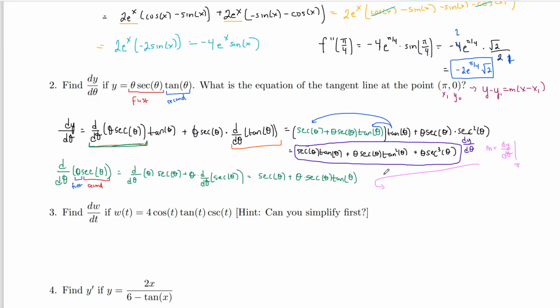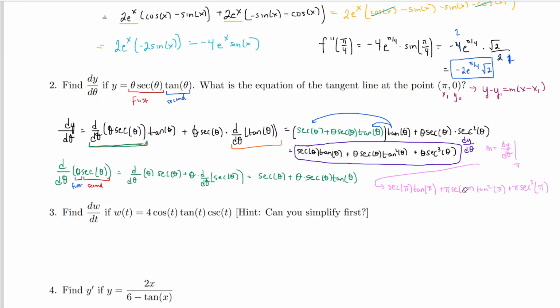We've got our formula for dy over d theta. I'm going to plug in pi everywhere I see theta. Secant of pi times tangent of pi plus pi times secant of pi times tangent squared of pi, and then plus pi times secant cubed of pi.